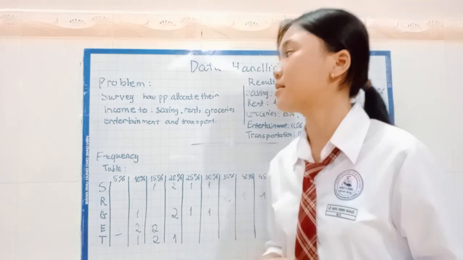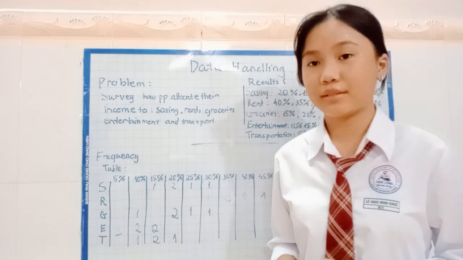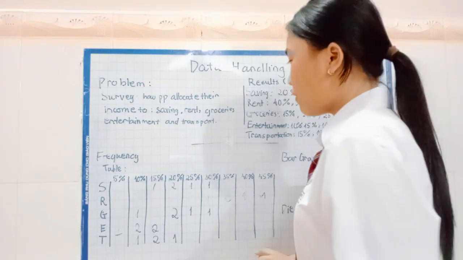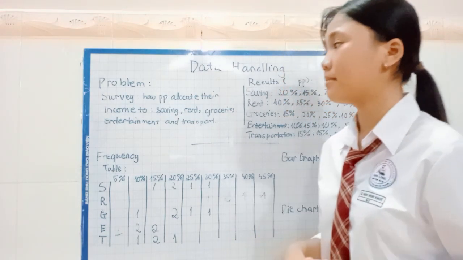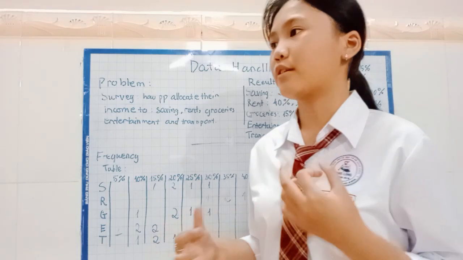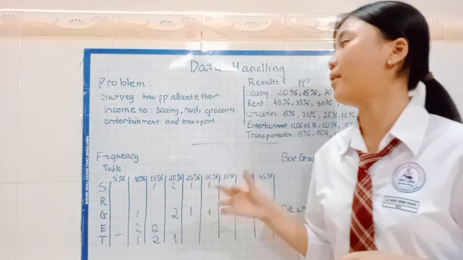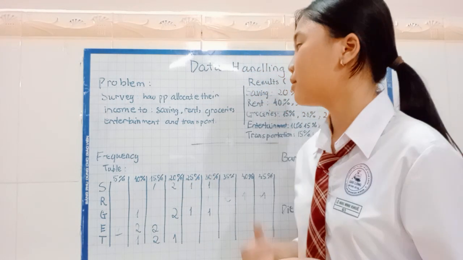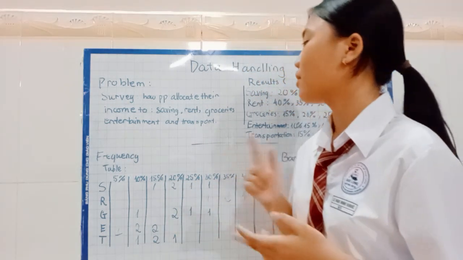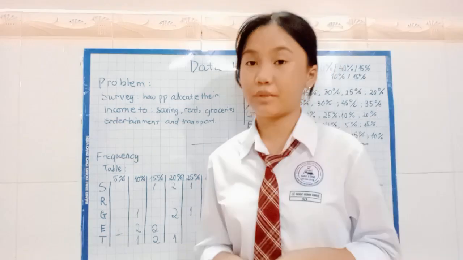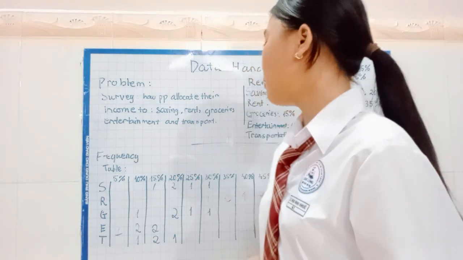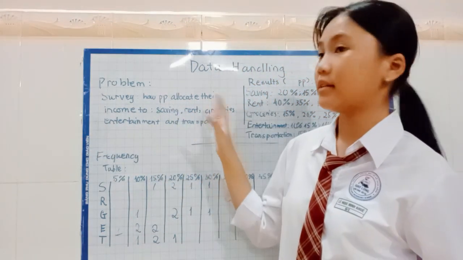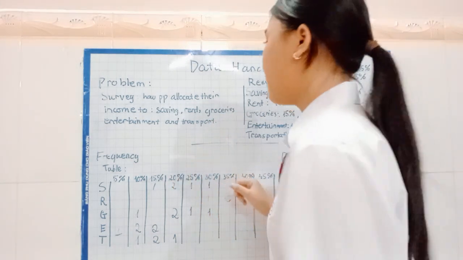Now for today's survey, we are going to be applying those skills. For our survey here, our problem is how people allocate their monthly income to their savings, rent, groceries, entertainment, and transportation fees. These are the things we're going to focus on.